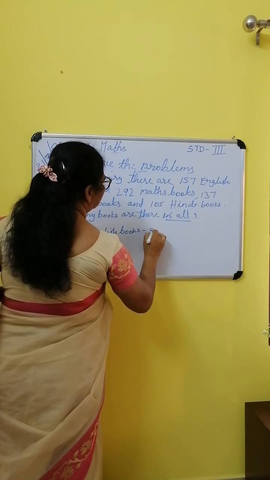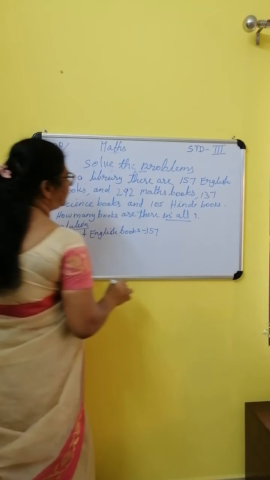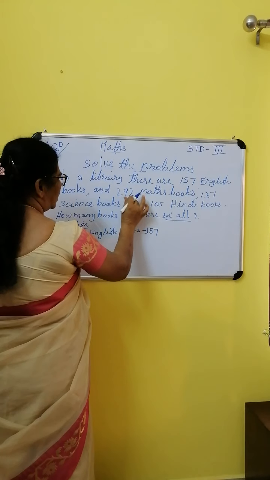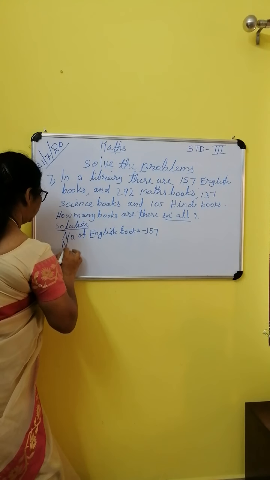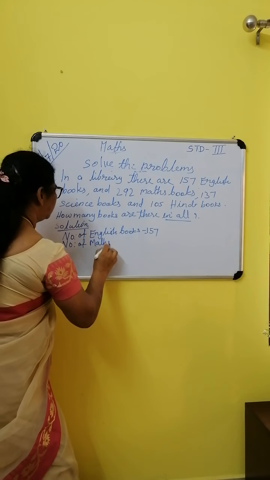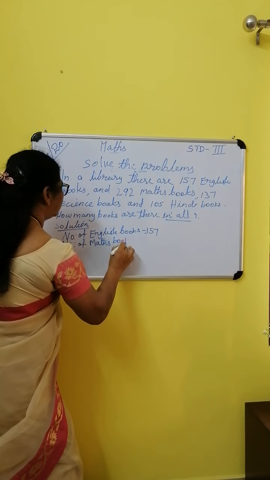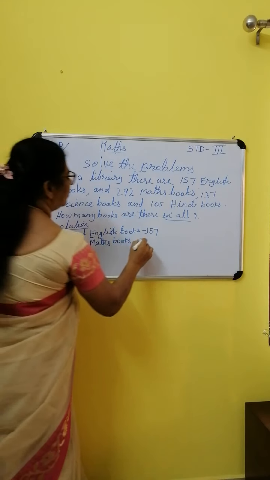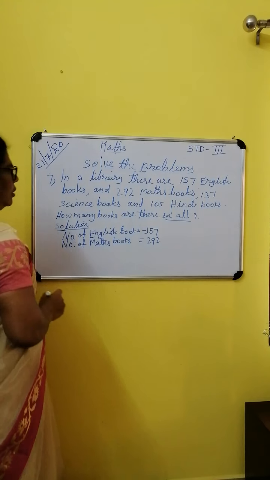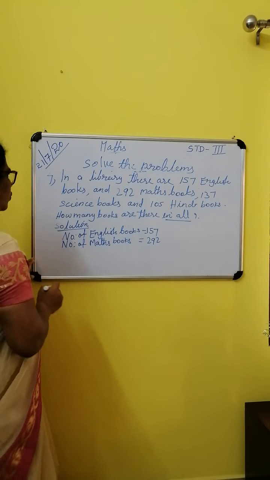157. Number of maths books. How many maths books? 292. Then number of science books.